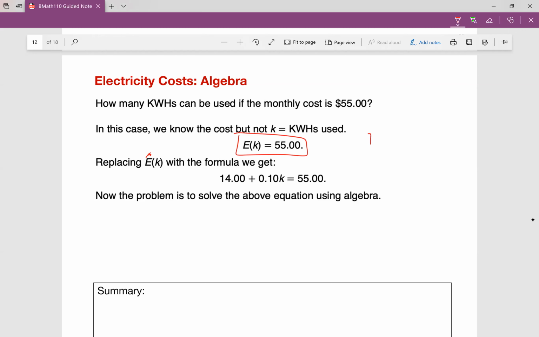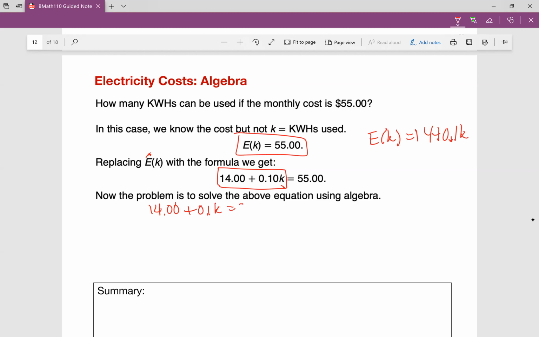Remember that the formula was E(K) equal to 14 plus 0.1K. So I replace it, and I have 14 plus 0.1K equal to 55. Now I'm going to solve it for K. So let me rewrite it.